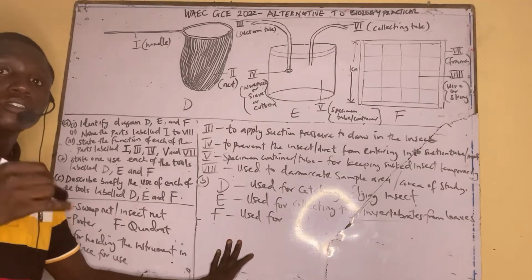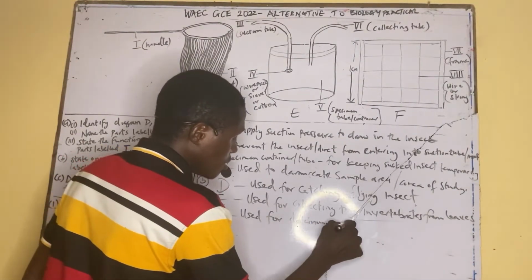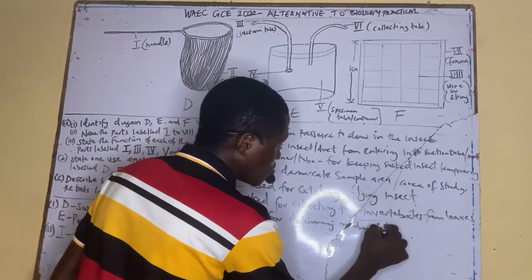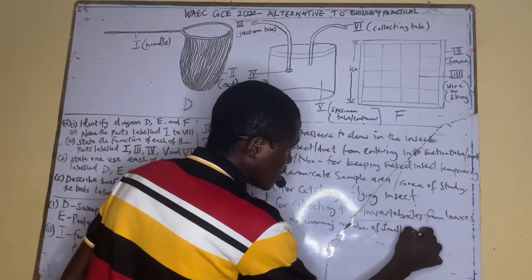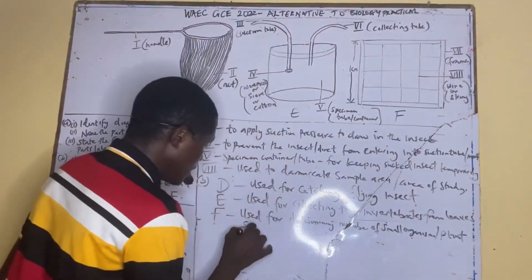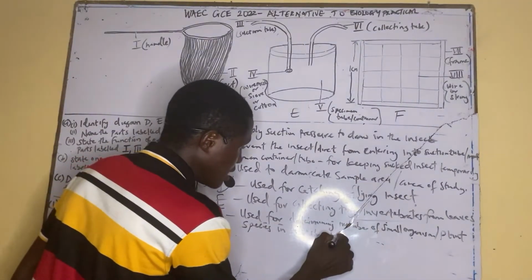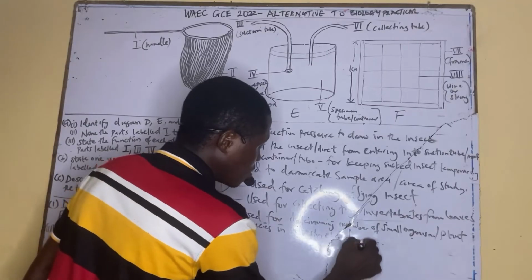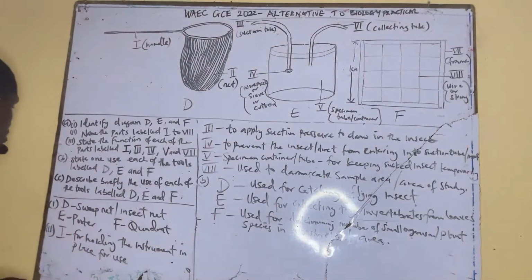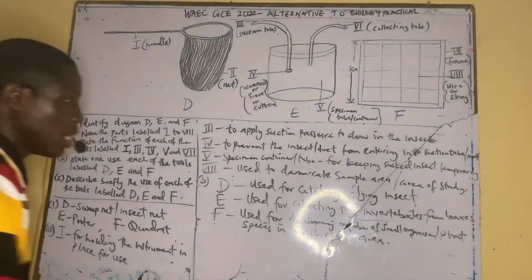It's used for determining the number of small organisms or plant species in a restricted area or particular area. Restricted area means particular area. So that is the function of D, E, and F.